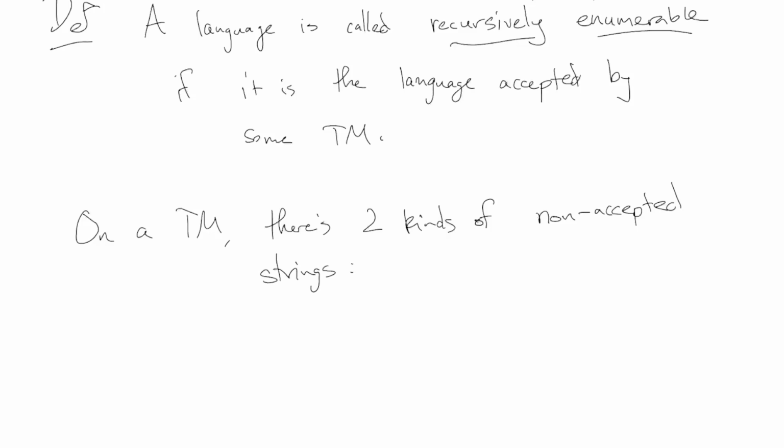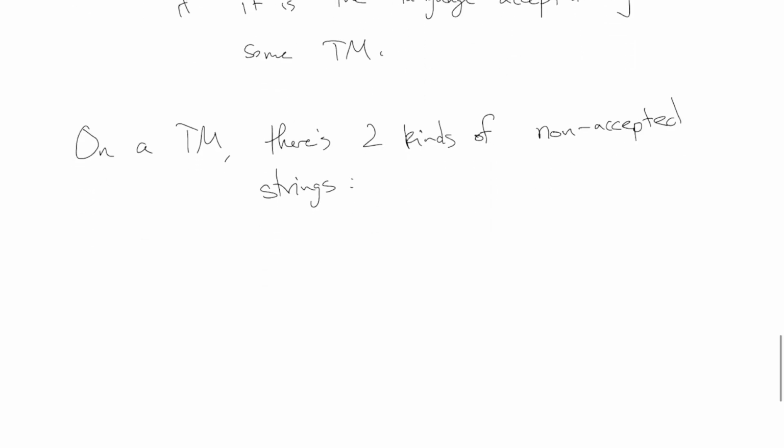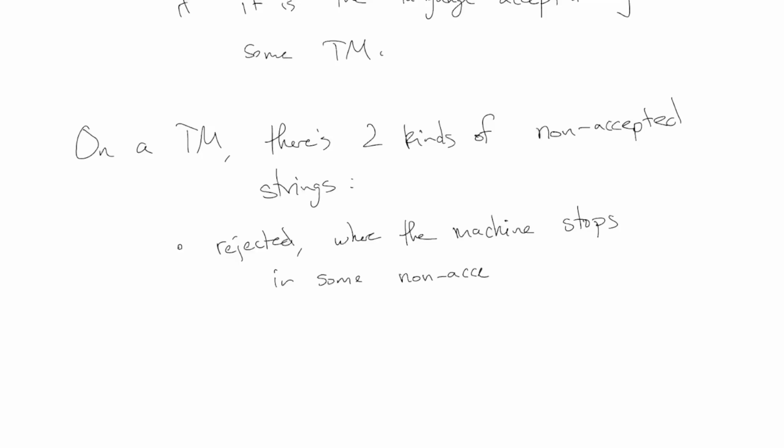This strange technicality doesn't exist for DFAs or for grammars. Two types of non-accepted strings. The first type is rejected, where the machine stops in some non-accepting state.